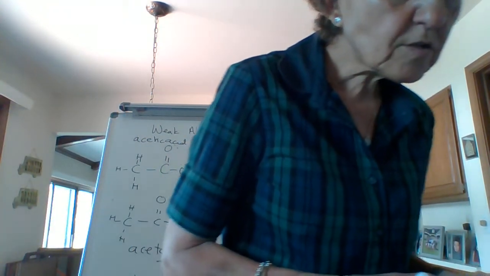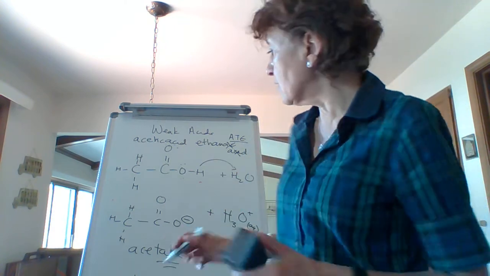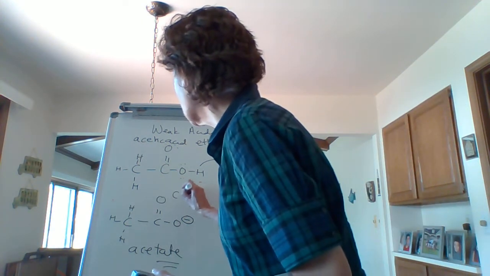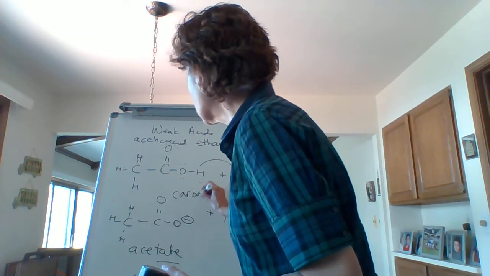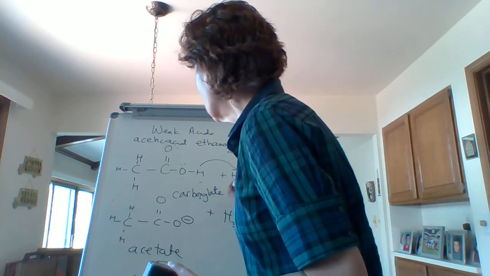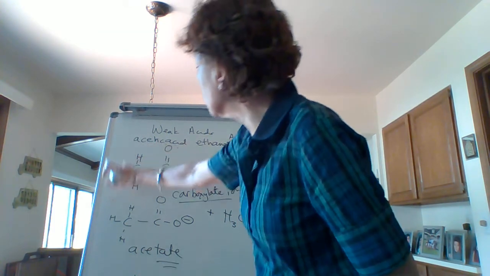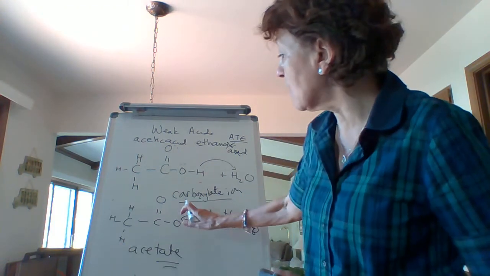All right, so we talked, oh, this, by the way, this is called the carboxylate ion. So this is the carboxylic acid, this is the carboxylate ion.